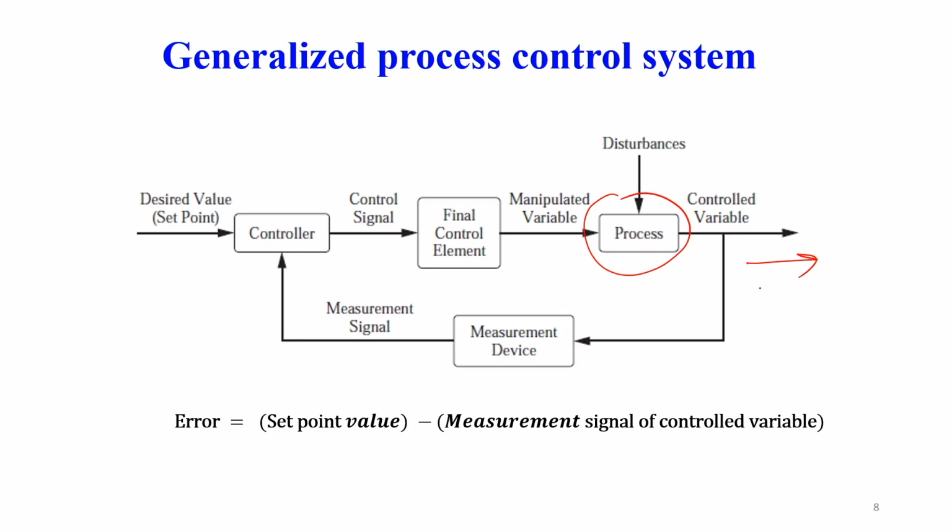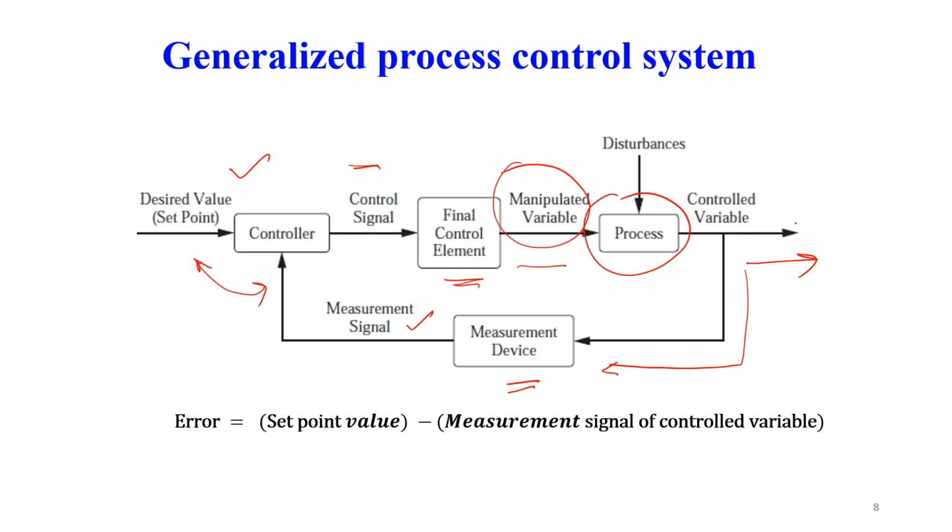So, whatever output is going, that is called the controlled variable, and this is measured by your measuring devices, and this data is called the measured variable. It is going to the controller. Now, the controller compares these two, the set point or desired value and the measured value, and their difference it sends as a control signal to the final control element, and then it takes the necessary action, that is called the manipulated variable.